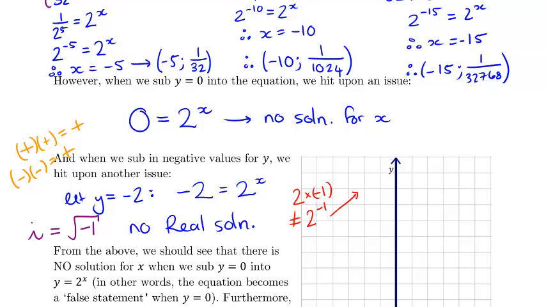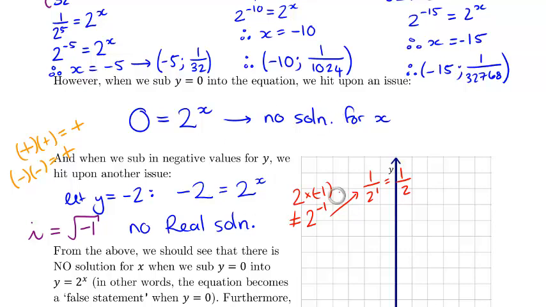That is simply a fancy pants way of writing 1 over 2 to the 1, which is 1 over 2. Negative exponents don't create negative values. It's just a fancy pants way of writing fractions. So there's no real value that can make this positive base 2 to that power equal a negative 2 over there. So there's no real solution.